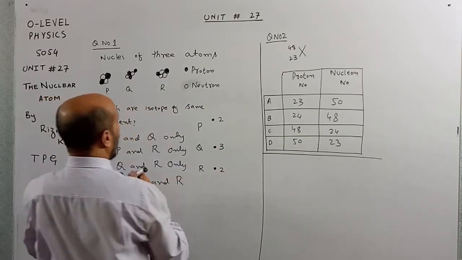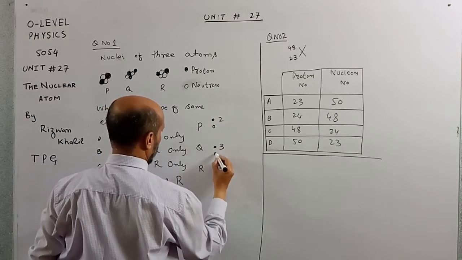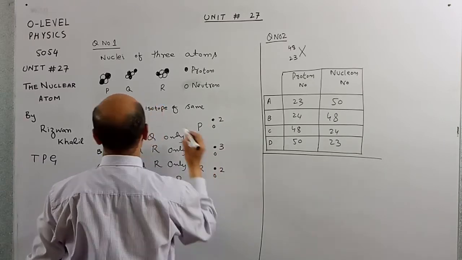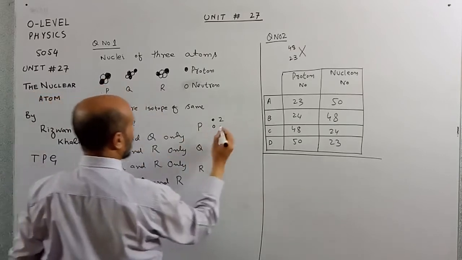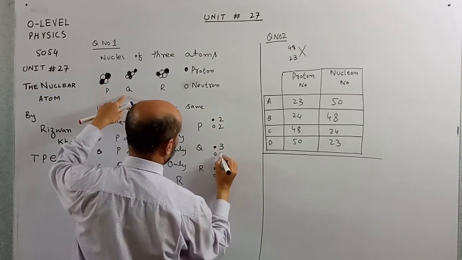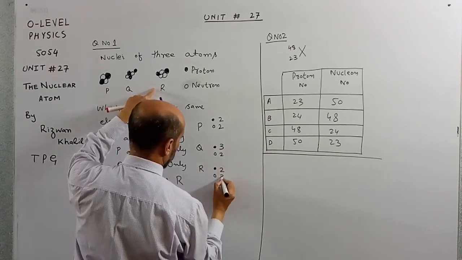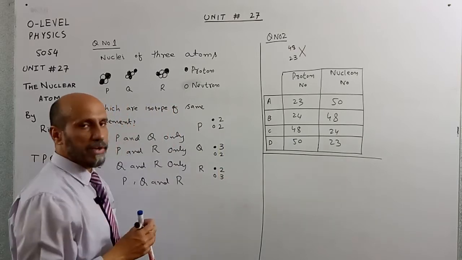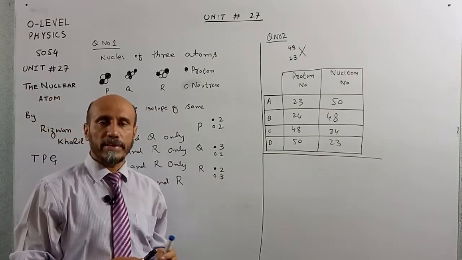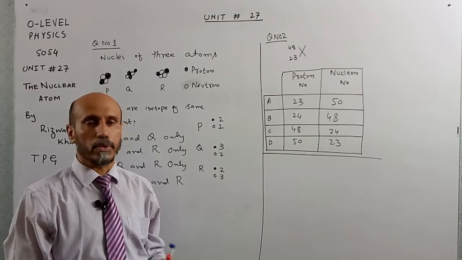And how many number of neutrons are there? In P there are 2. In Q there are 2. In R there are 3. So what was the definition of isotope? Atoms of an element having same number of protons but different number of neutrons.